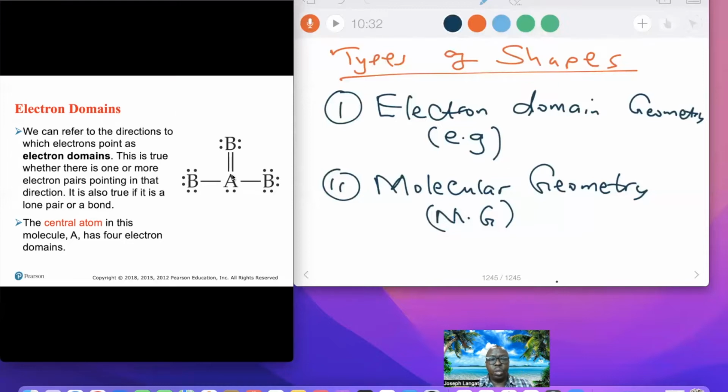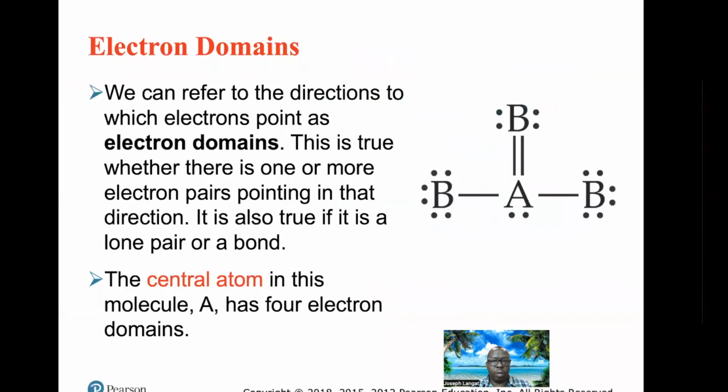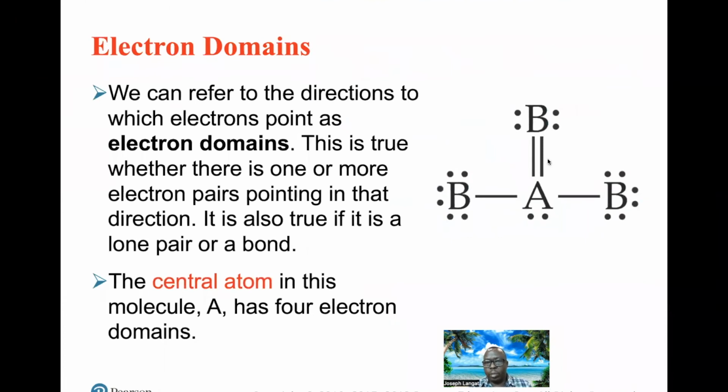And I want you to look at how I'm counting the domains in this hypothetical molecule. The double bond here is one domain. Maybe I can zoom this out. This is one domain, this is one domain, this is one domain. Lone pairs of electrons constitute a domain.